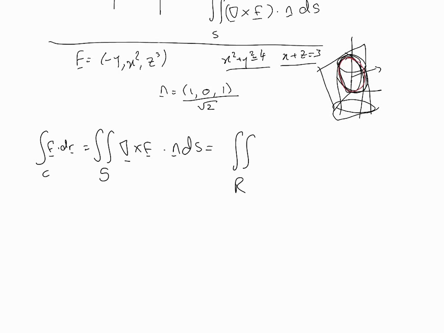Over the region R, we'll have 1 over root 2, and the cross product of nabla and F, which we need to calculate. Sorry about that. That actually works out to be just 0, 0, 2x plus 1. So what you'll end up with is 0, 0, 2x plus 1.